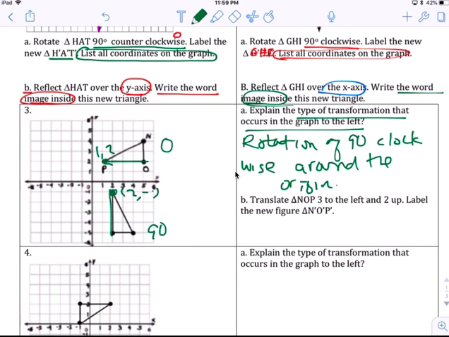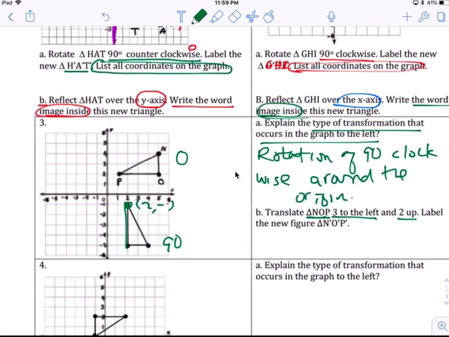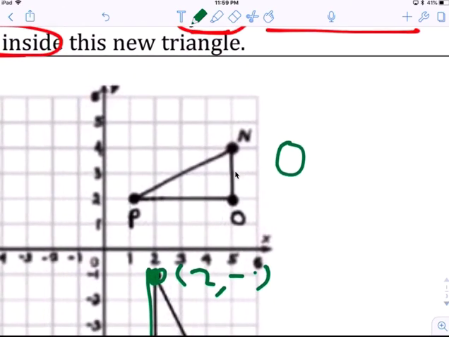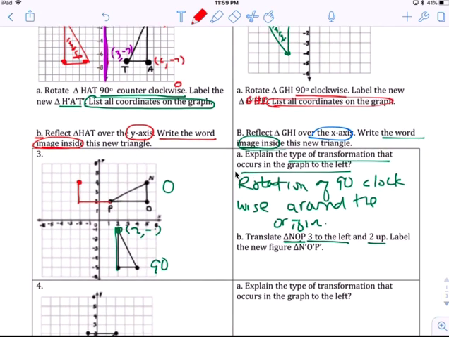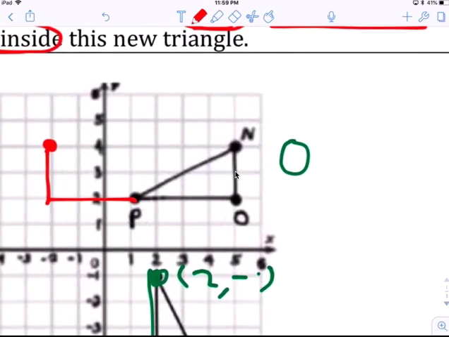Translate MNOP 3 to the left and 2 up. So translate 3 to the left and 2 up. 3 to the left and 2 up. Label the new figure N prime, O prime, P prime. That's P prime. 3 to the left, and that you erase.